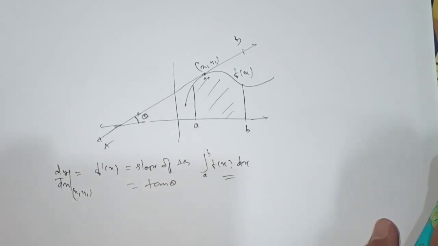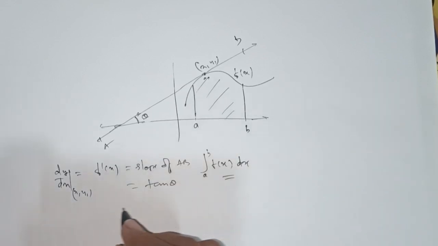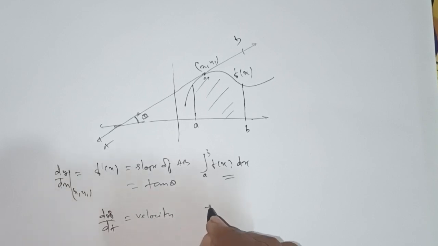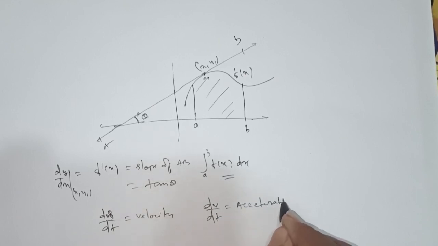Sometimes you use dx by dt. I hope you have seen in physics, ds by dt, where s is displacement, then we say it is velocity. Or you take dv by dt, which is acceleration.